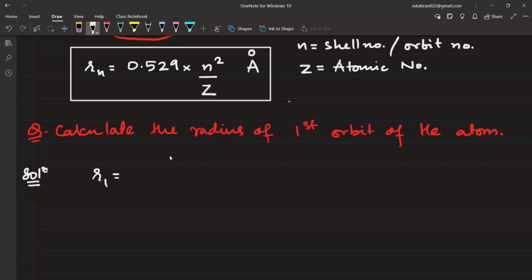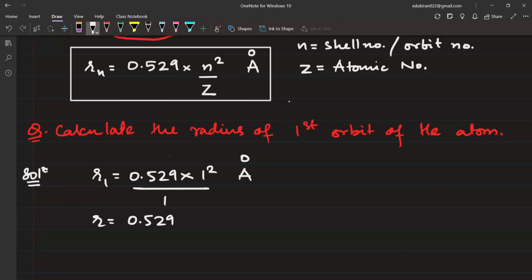Radius of the first orbit will be equal to 0.529 multiplied by n square, tell me, orbit number is? 1 square divided by, what is the atomic number for a hydrogen atom? Yes, very good. 1. And you will get this value in angstrom. So what is the radius? Radius will be equal to 0.529 angstrom.